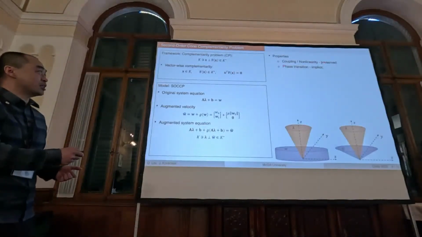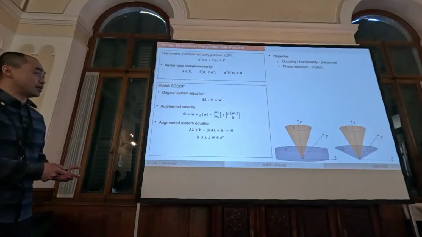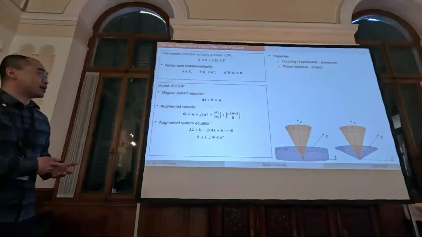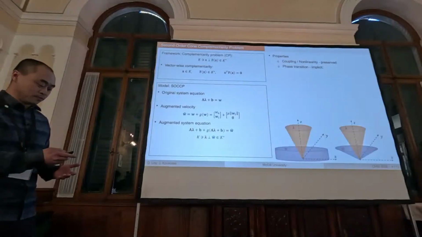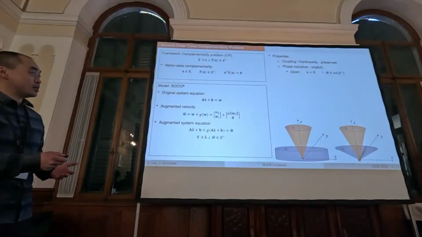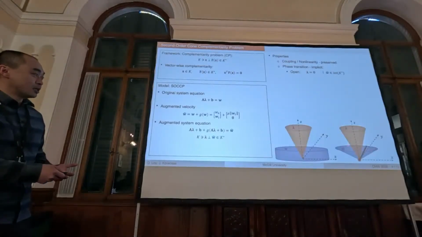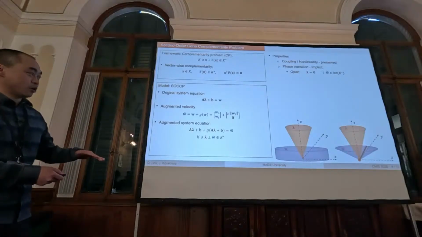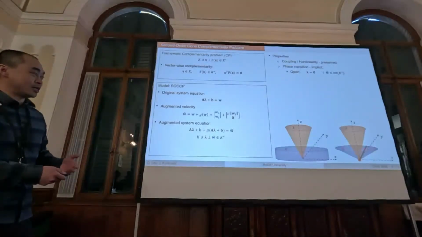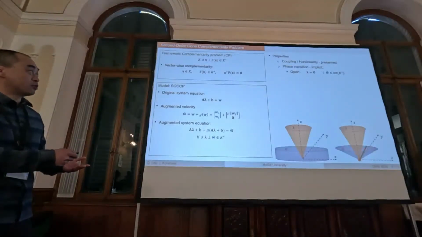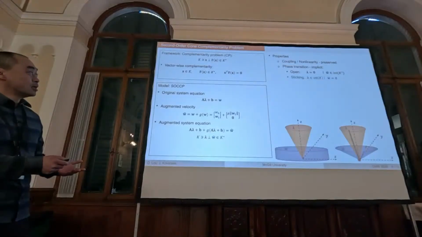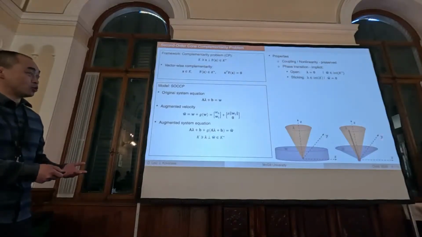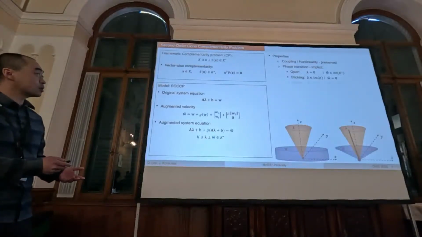We further analyze how this model represents the properties of the contact law. Coupling and nonlinearity are naturally preserved by this cone shape. Phase transition is implicitly represented by the vector orthogonality. In the open case, lambda goes to the origin, while W hat is the interior vector. For the sticking phase, W hat goes to the origin, where lambda is the interior vector.